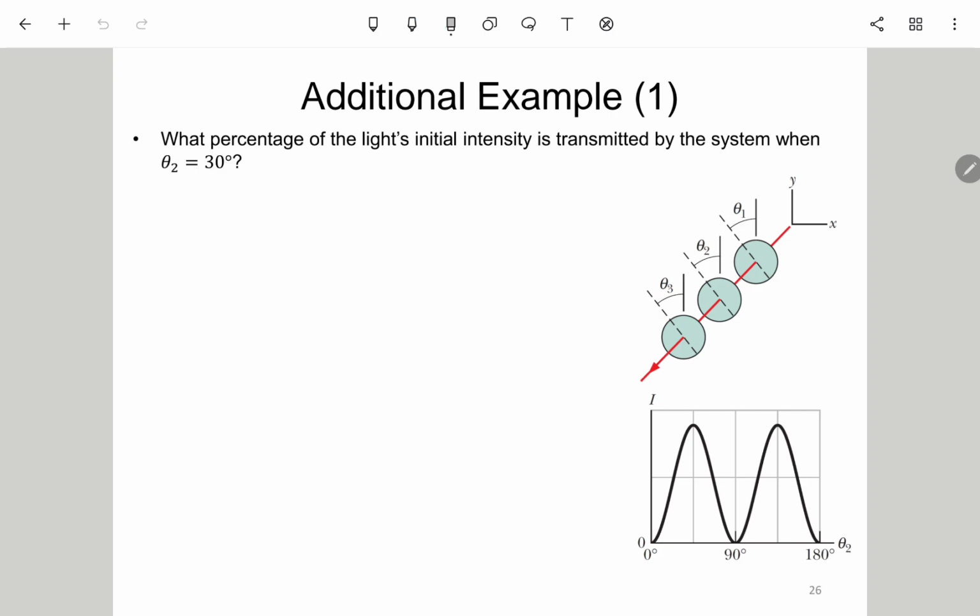We can observe that when theta 2 equals 0 degrees, 90 degrees, and 180 degrees, I is perfectly 0. This is a very important point.